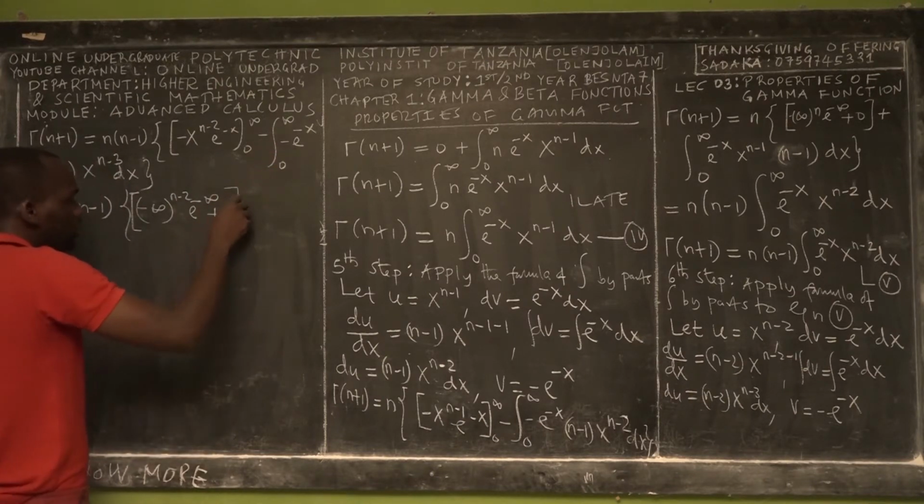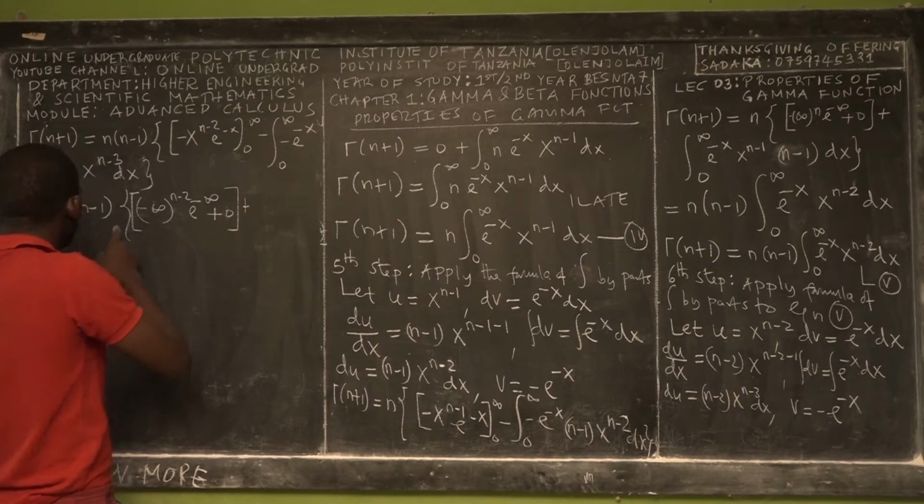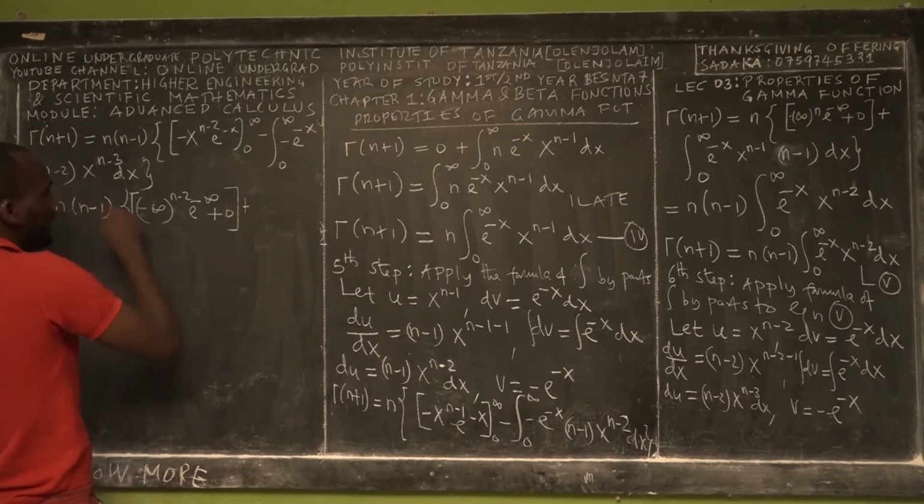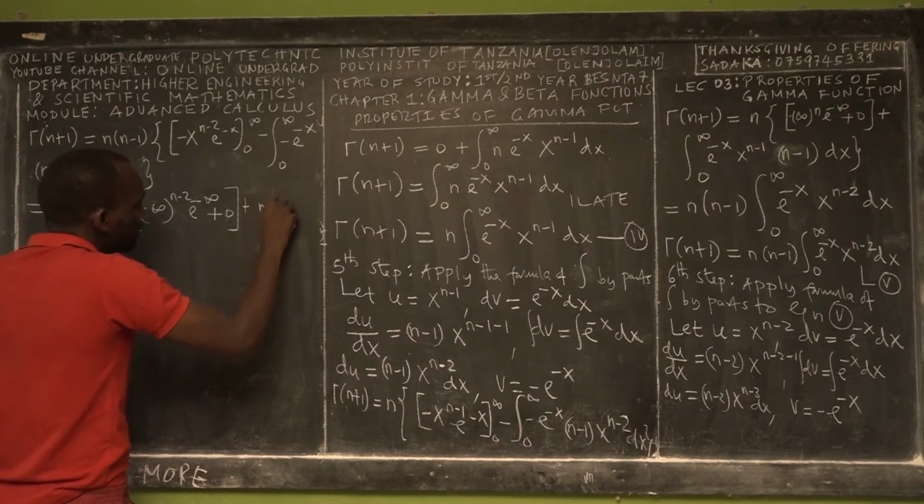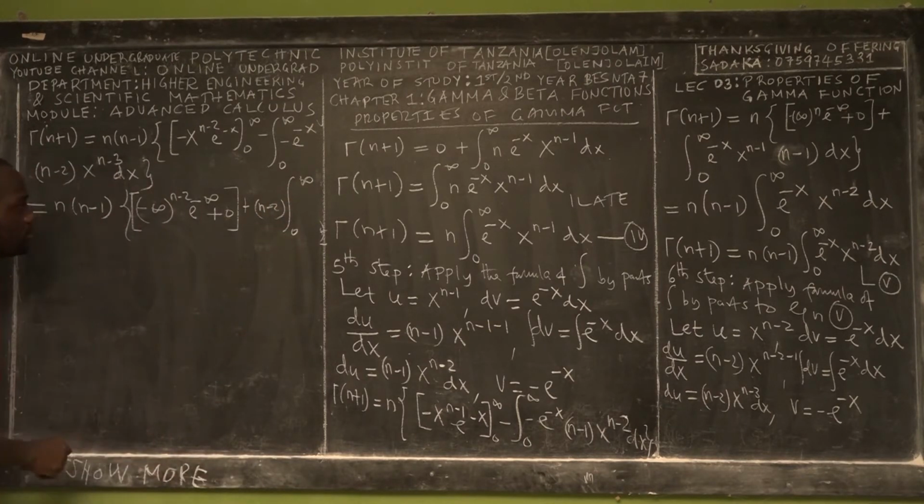So negative is positive, and then here we have n minus 2. So we take it out of the integral. Then this is integral from 0 to infinity of e power negative x, then x power n minus 3, then dx. So we have the curly bracket like that.